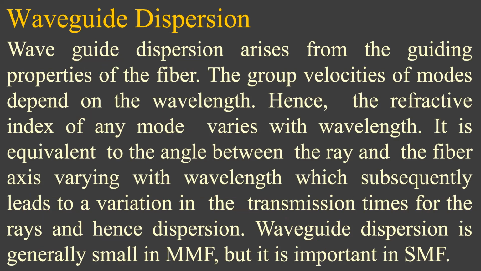The group velocities of modes depend on the wavelength. I explained what this group velocity is. Group velocity is the common velocity of the group of waves, and that depends upon the wavelength and the mode of propagation.